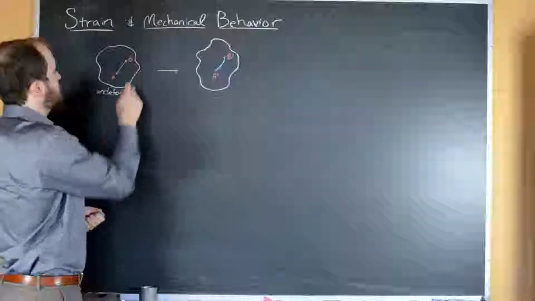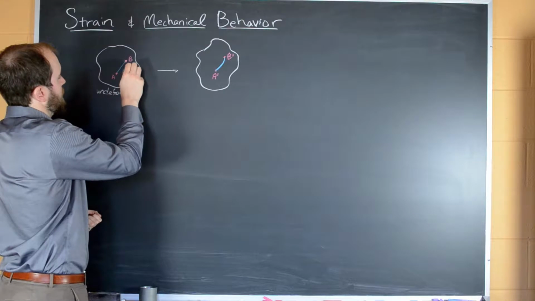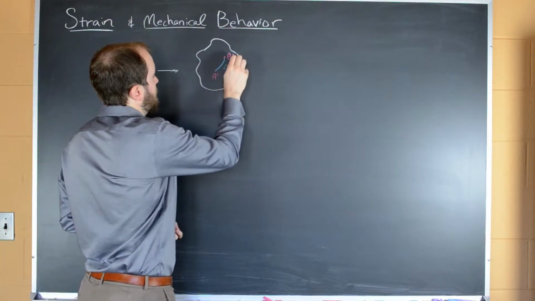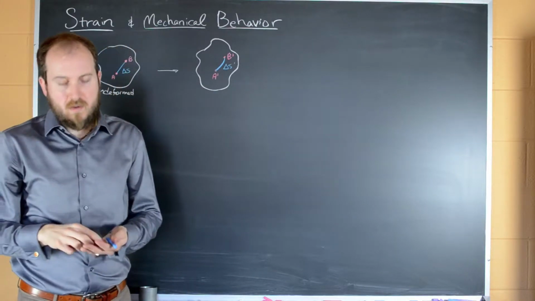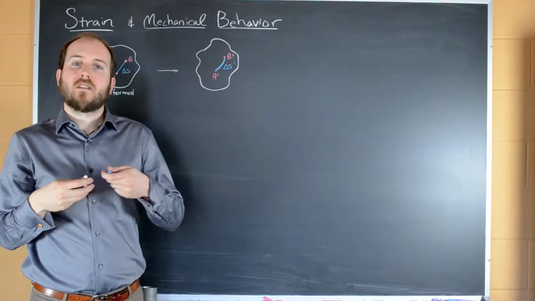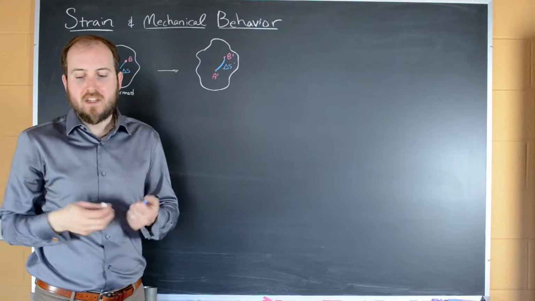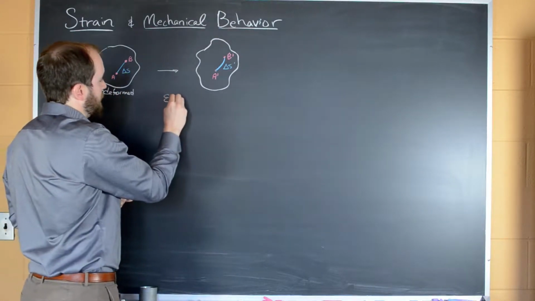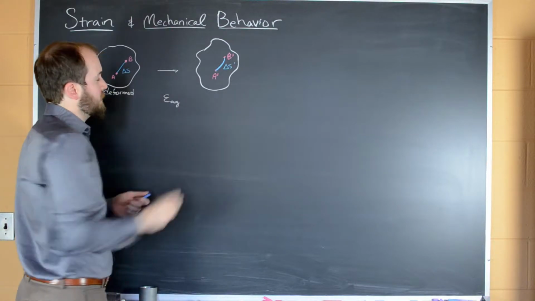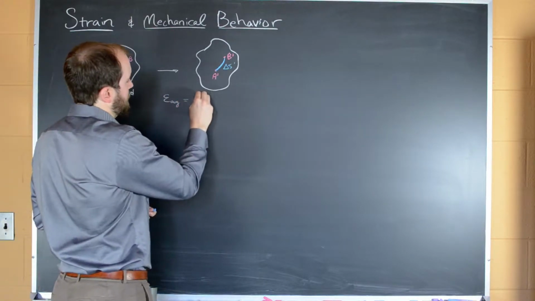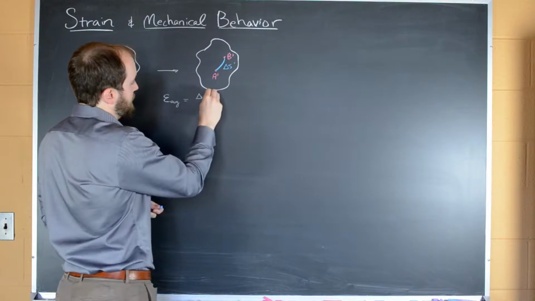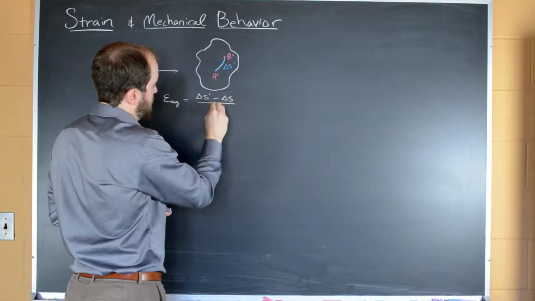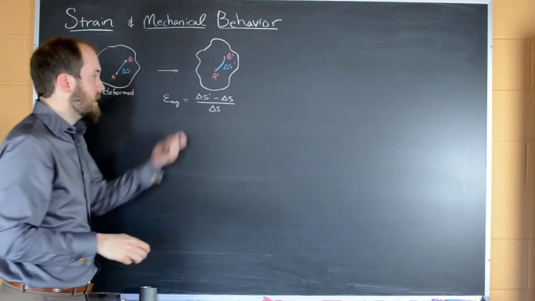So if we call this initial length delta S, and we call this new length delta S prime, we can describe the difference between these two lengths, the change in length, as an average strain. And so we can write that the average strain, given by the Greek symbol epsilon, is going to be delta S prime minus delta S, over delta S. And that looks worse than it is.